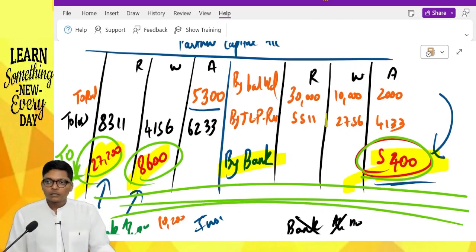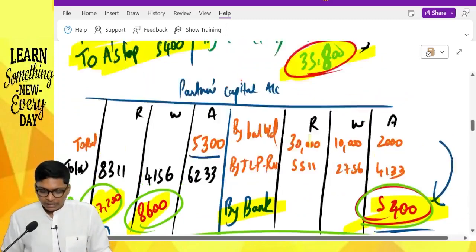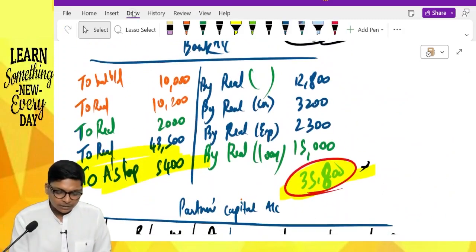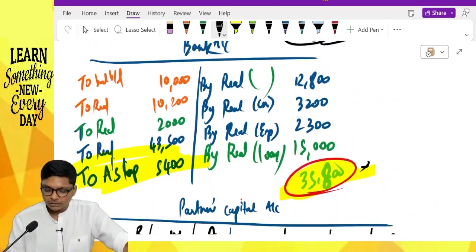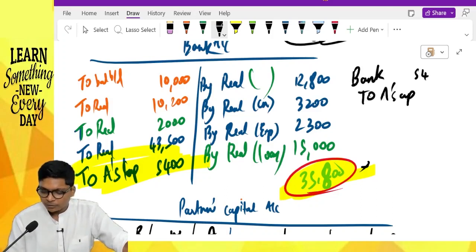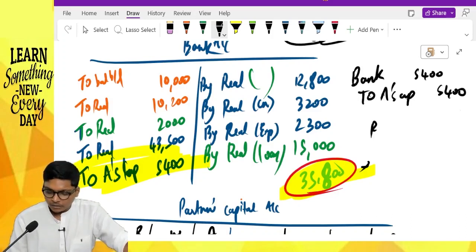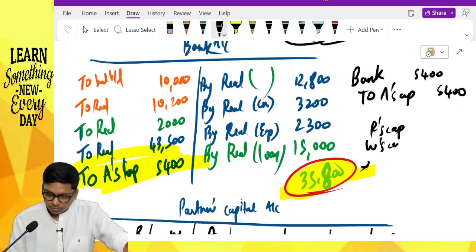Sir, can you write the entry for us? Yes, two entries. Writing the entries will make it easy. Bank account debit to A's Capital 5,400. Settlement will be R's Capital, W's Capital to bank 35,800.